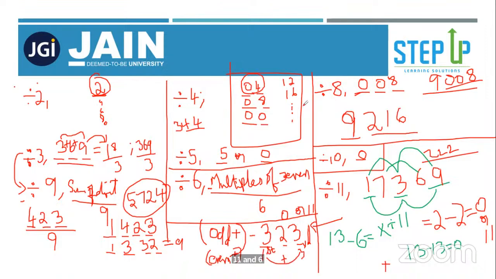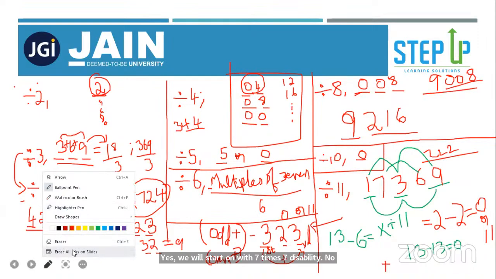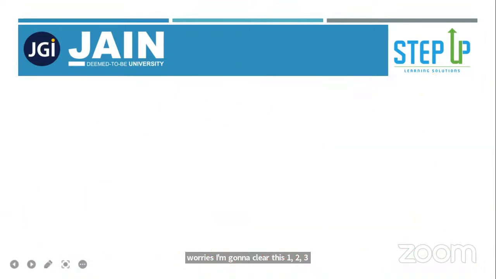Yes, we will start with 7 divisibility, no worries. I'm going to clear it. 1, 2, 3, go on. I don't know whether we can retrieve it. It's done. Are you ready? Okay, 7 divisibility.